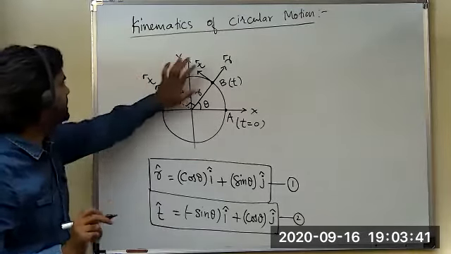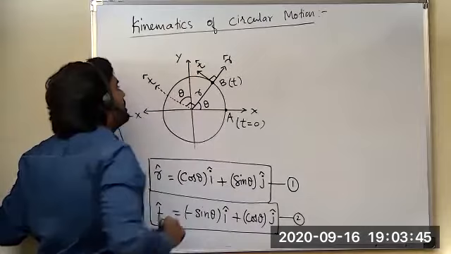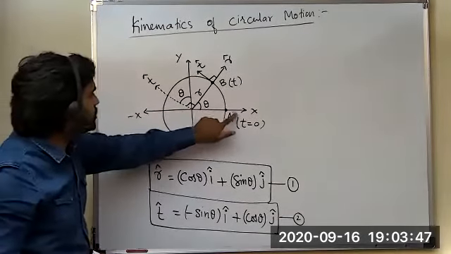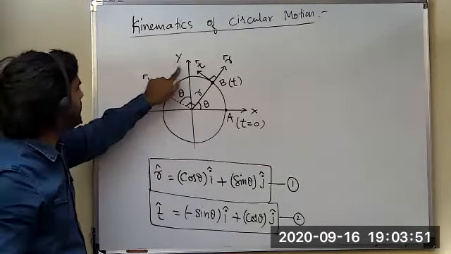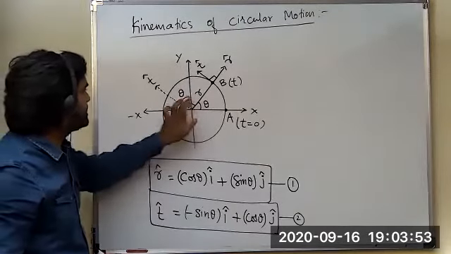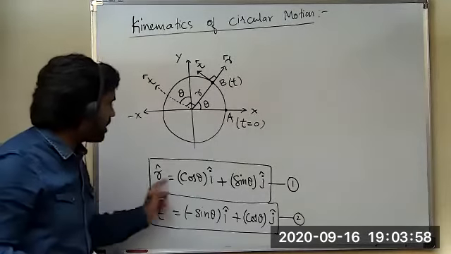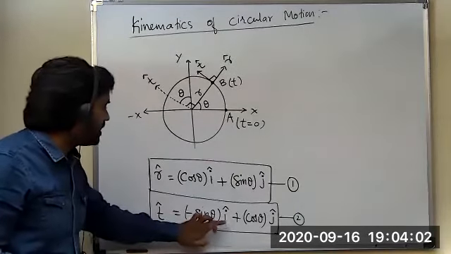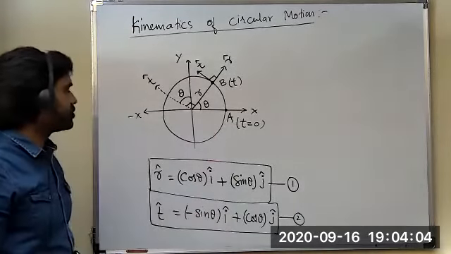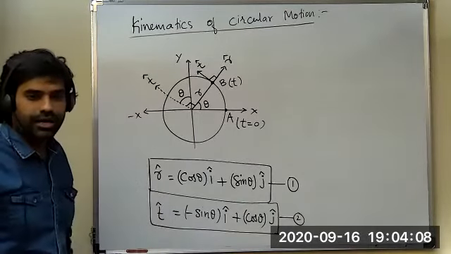Okay, since tangent always remains perpendicular to the radius vector, if radius vector makes an angle theta with y-axis, the tangent unit vector will make an angle theta with y-axis. Here it is x-axis, here it is y-axis. Therefore, like this you can take the unit vector along the direction of radius and tangent along the direction of tangent. Okay, unit vector along the tangent, unit vector along the radius.